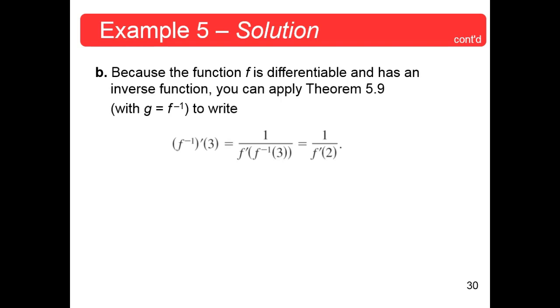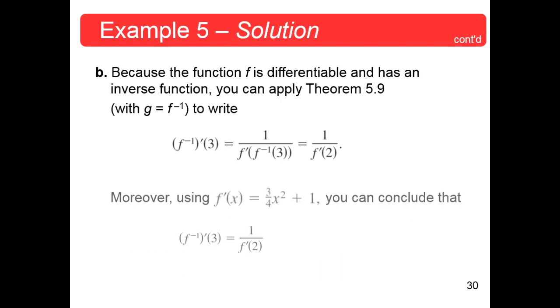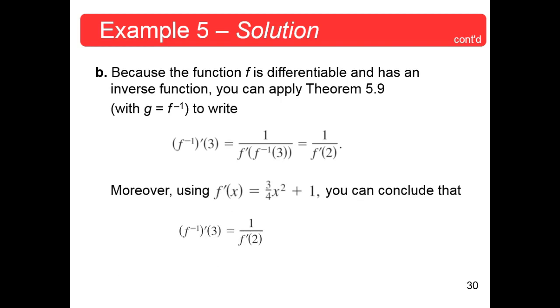And that would be f prime of 2, and then just plug in and see what 1 over f prime of 2 is. Again, it's sort of a complicated formula. I don't really, in many instances, find any use for it whatsoever. It's true, though. It's absolutely true. Okay? Moreover, using f prime is equal to 3/4 x squared plus 1.